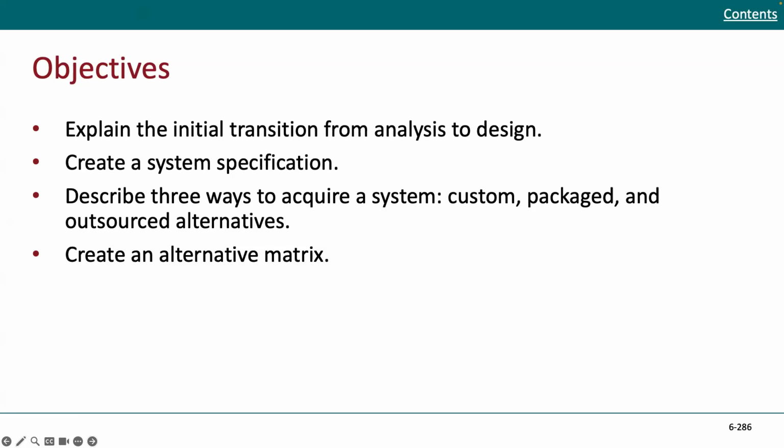A successful design builds on what was learned in earlier phases and leads to a smooth implementation by creating a clear and accurate plan of what needs to be done. So in this chapter, we describe the initial transition from analysis to design and present 3 ways to accomplish this design for the new system.